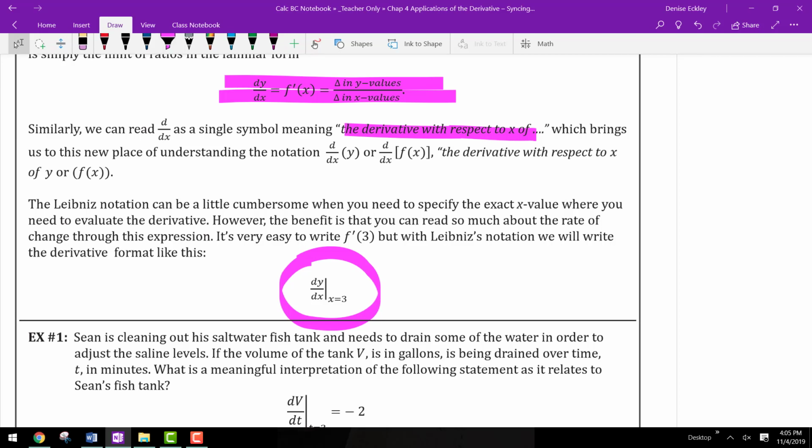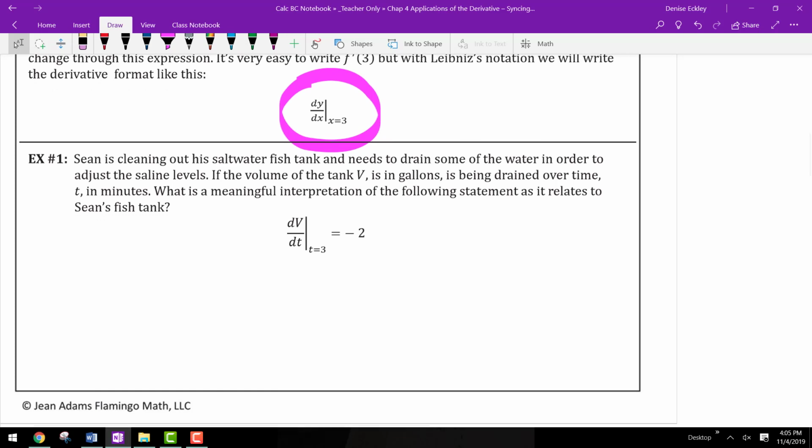So for example, our first example: Sean is cleaning out his salt water tank and needs to drain some of the water in order to adjust the saline levels. If the volume of the tank V, in gallons, is being drained over time t, in minutes, what is a meaningful interpretation of the following statement as it relates to Sean's fish tank?